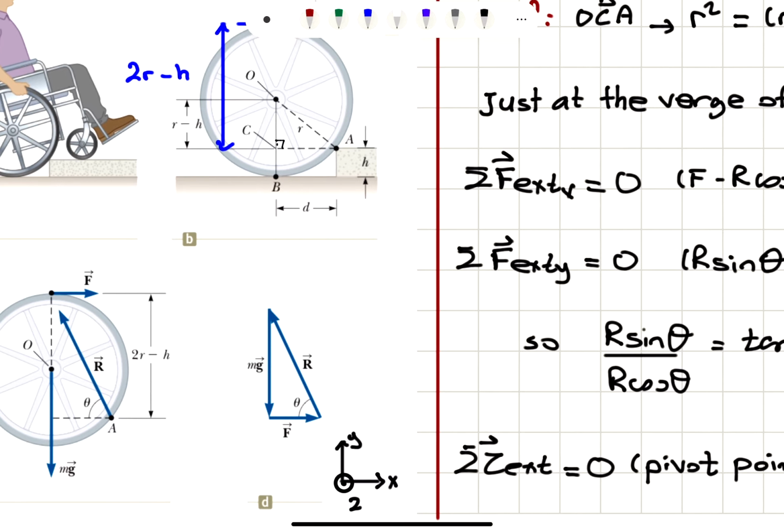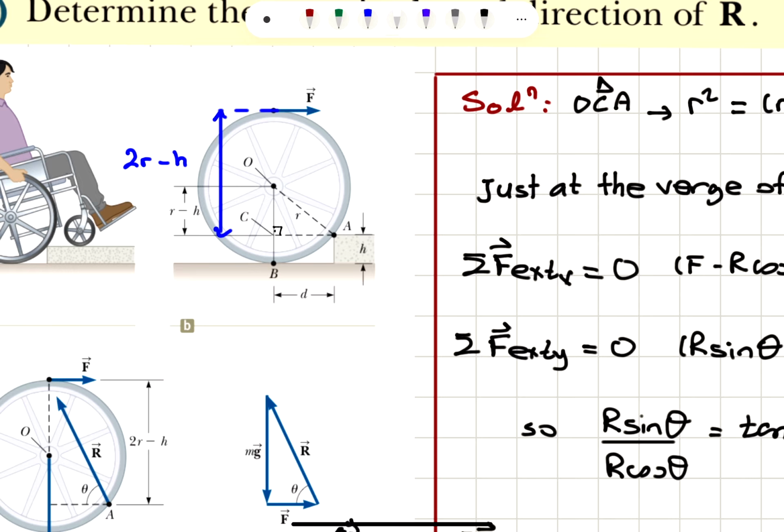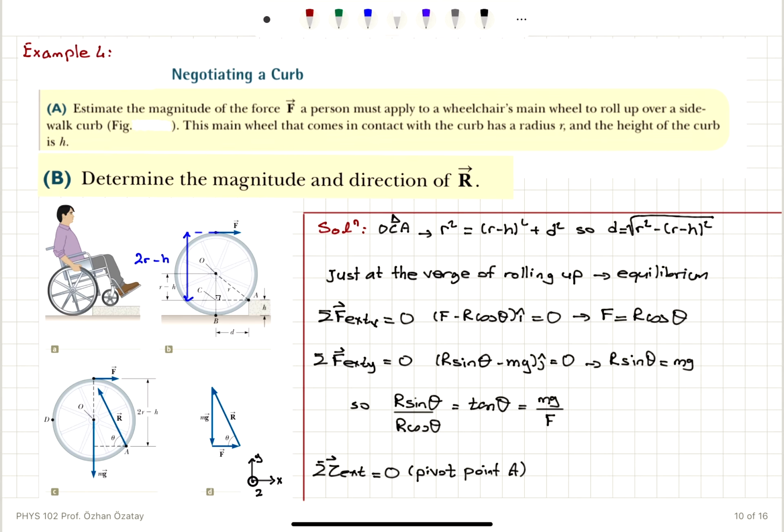I have to find the perpendicular distance between mg and the pivot point. That perpendicular distance is d. And similarly, I need the perpendicular distance between the application point of this force F and point A, that is 2r minus h.